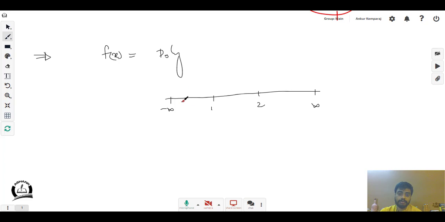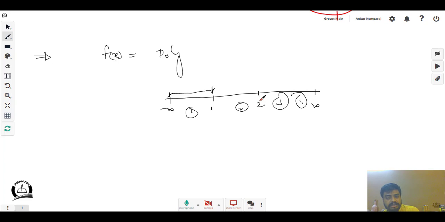If you have a few critical points like this, then you again have intervals created between them. So you'll have an interval in this section, then another interval created here. So you have a total of 4 intervals here. Now with these 4 intervals, your job is to find out where it is increasing, where it is decreasing.